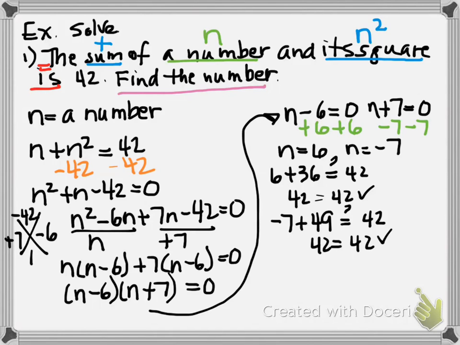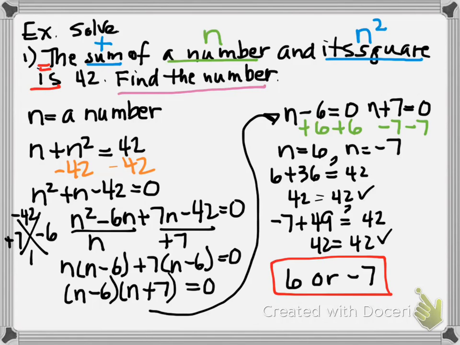Remember, variables aren't allowed. So we would say the answer would be 6 or negative 7. I would not use solution set notation because solution set notation is indicating different values for the variable given in the problem. You chose this variable, so you're not going to give it back as the answer. So there you go. 2 possible answers, both are good.